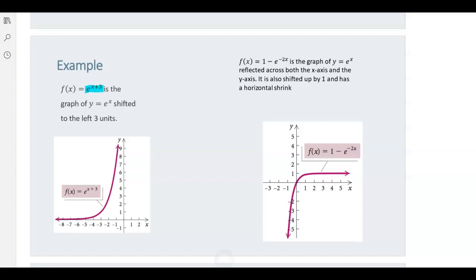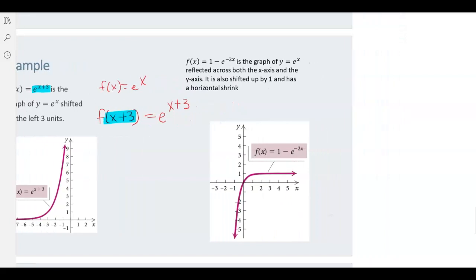What we're saying is if we had f of x equals e to the x as our original function, and then compare that to, let's say, f of x plus 3, where the 3 is going up into the exponent, because this is inside the parentheses, we're moving to the left.